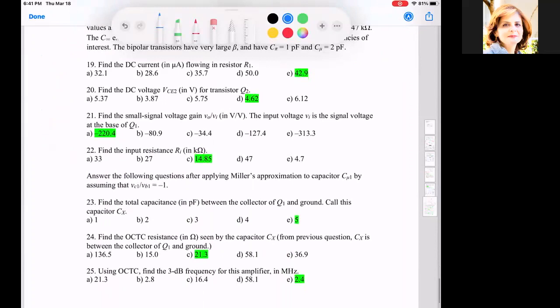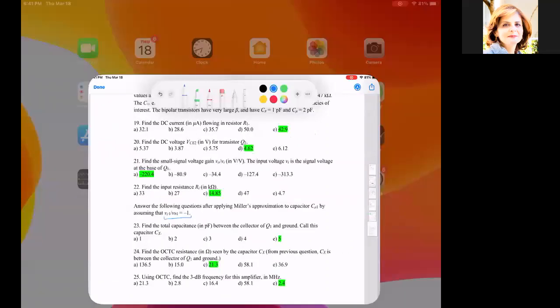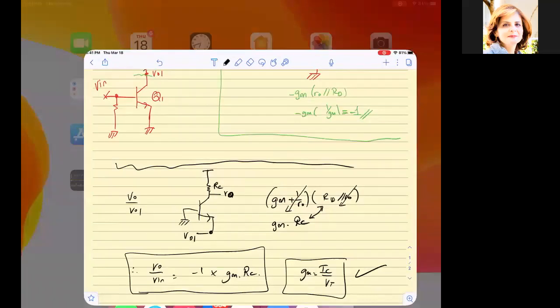Now he says, after applying Miller approximation to CMU1 by assuming that VC1 over VB1 is equal to minus 1. So let me draw the circuit on the other sheet. We will redraw the small signal model. We agreed that Q1 is grounded because we shorted C infinity.